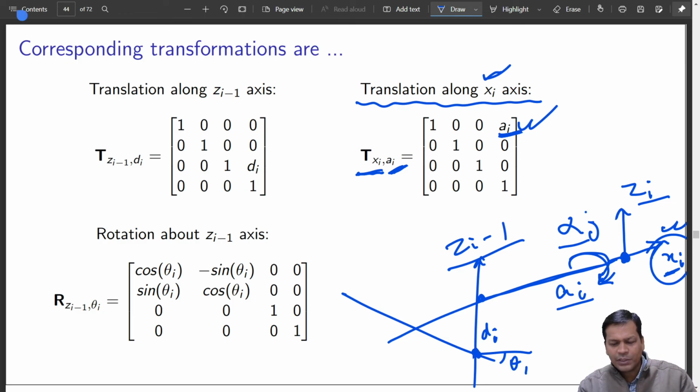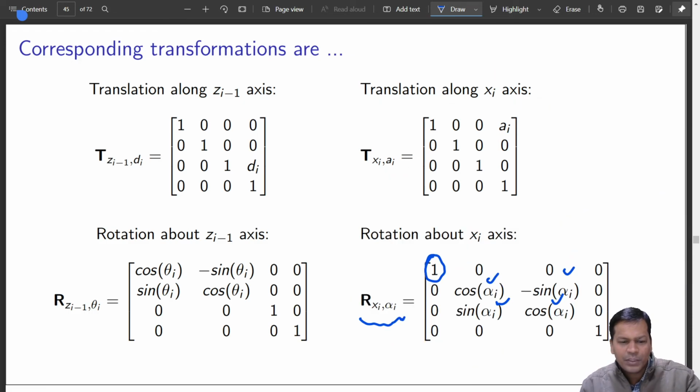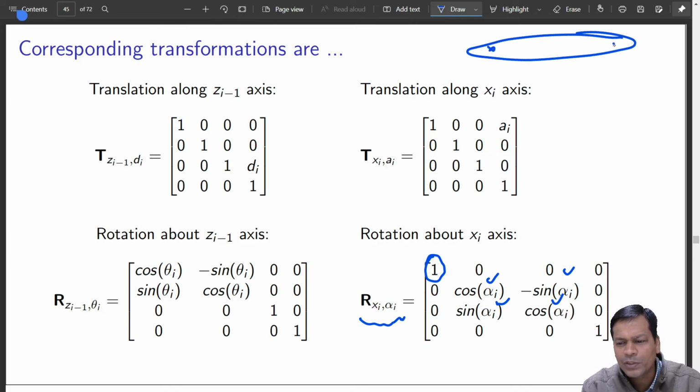So four transformations. First is translation from here to here, next rotation, next translation, and again rotation. Four transformations, and you reached from here to here. So this will represent four different transformations so as to reach from this point to this point of that link, is it not?